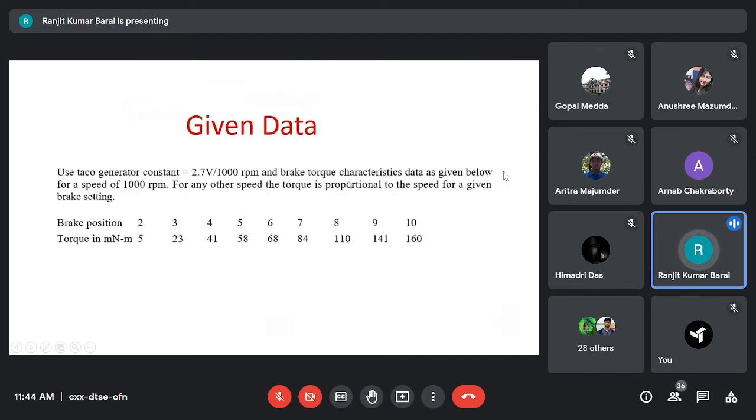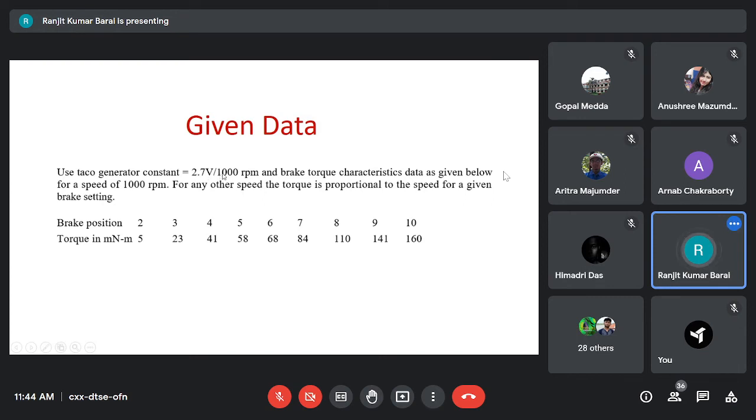Now the manufacturers have given some data. It will be useful during the experimental data analysis. What are the data given? We have the tacho generator constant given by the manufacturer. It is 2.7 volt per 1000 RPM. So as I said, it's a linear device.